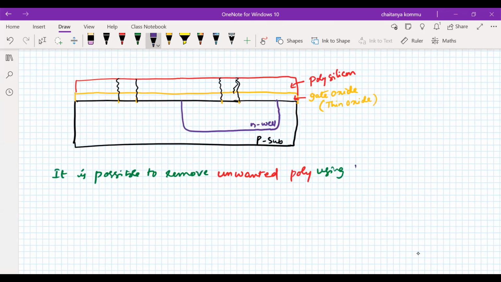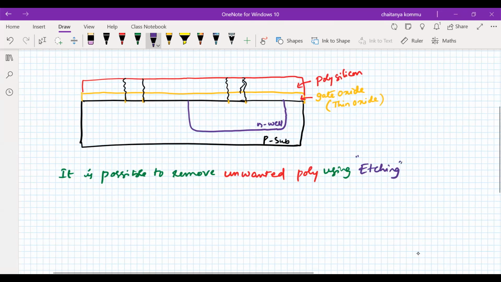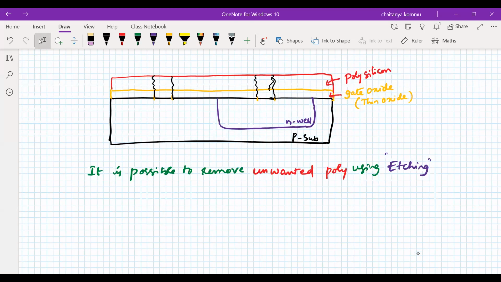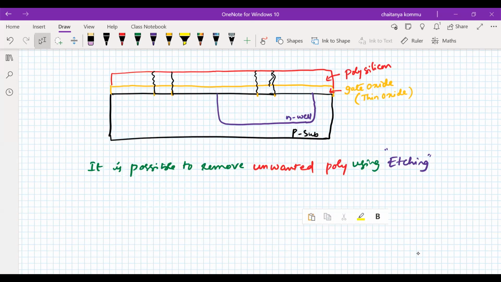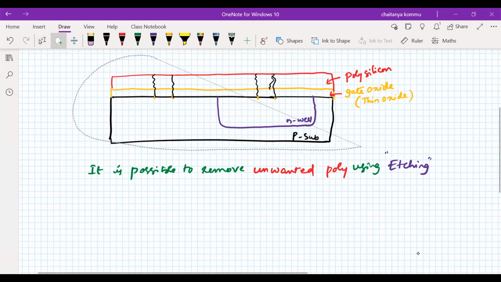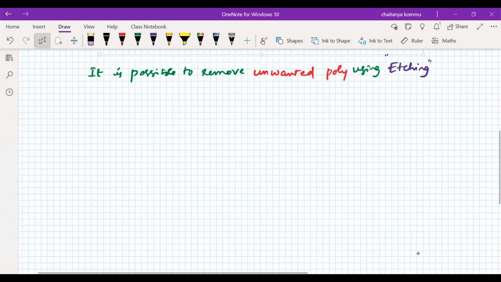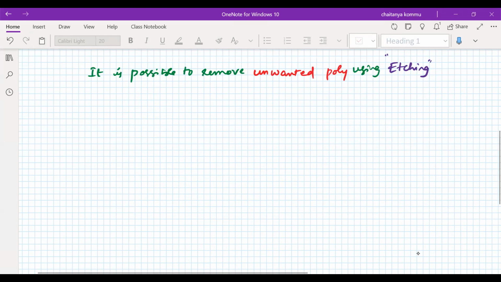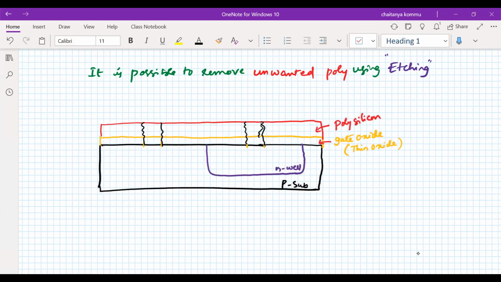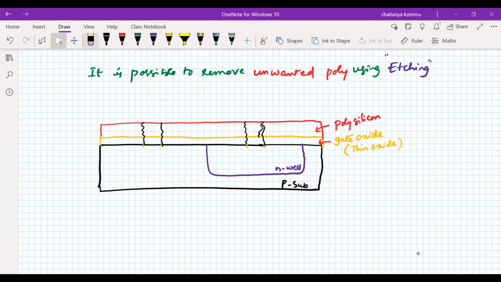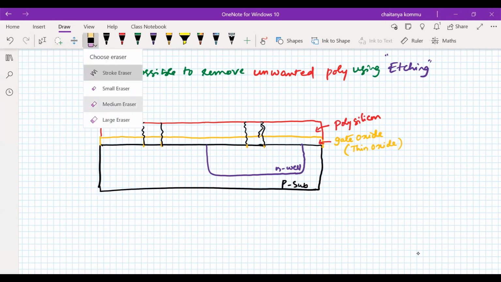Plasma etching is normally used, and by using that they will clear it. I'll consider that and put it here. So I want to remove the unwanted portions of polycrystalline silicon with the help of this.